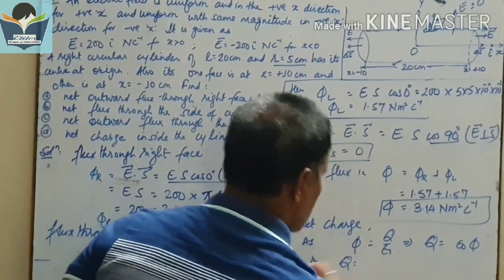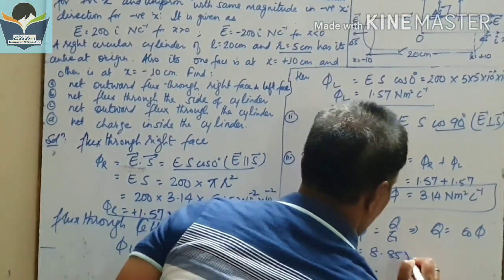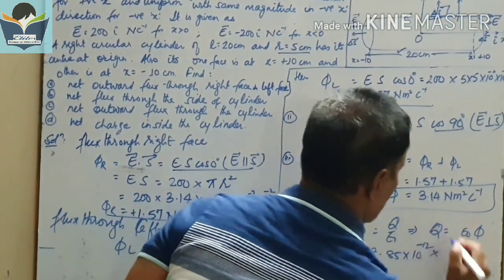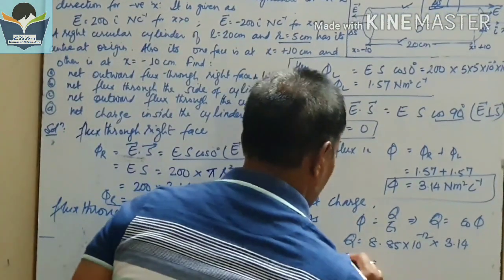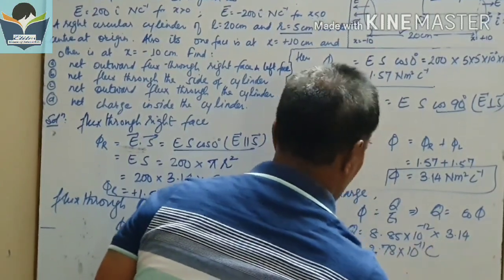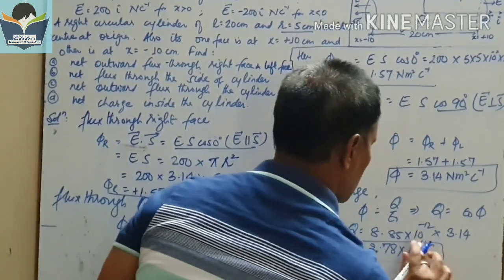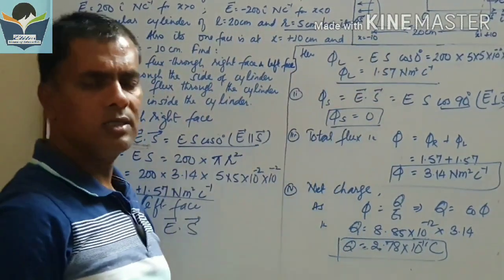That is Q equals epsilon naught, we just discussed its value 8.85 10 to the power minus 12 into flux 3.14. The result comes out to be, that is charge is 2.78 10 to the power minus 11 coulomb. This is the net charge enclosed within the cylinder.